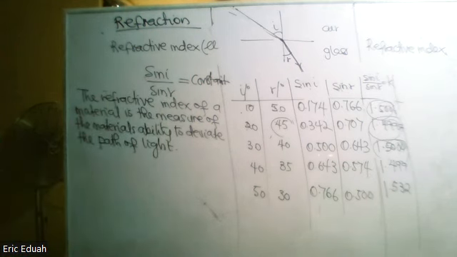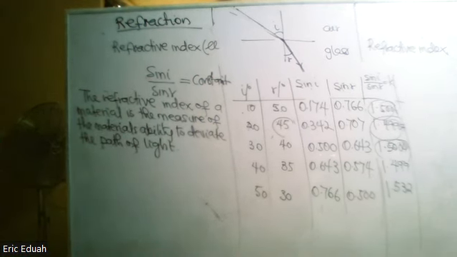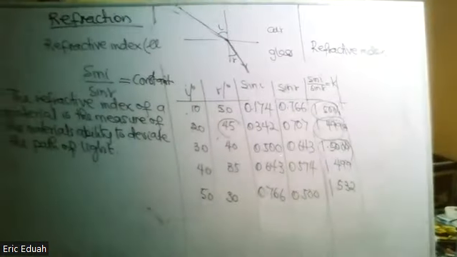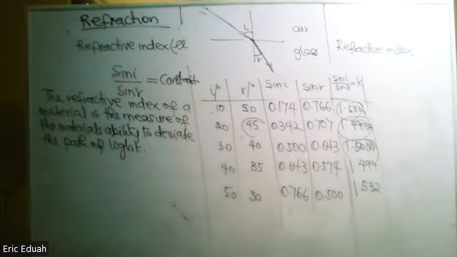So it measures how much the material can deviate light.